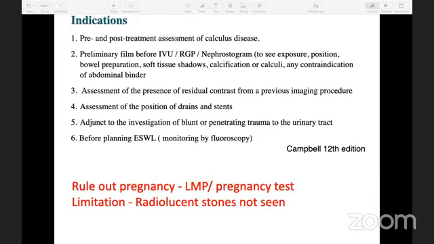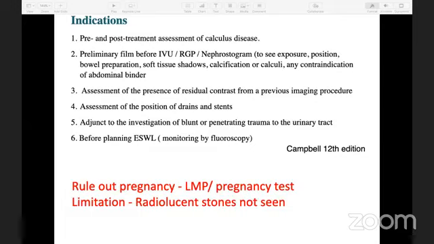X-ray KUB is indicated in calculus disease before and after treatment. It is done as a preliminary film before any contrast film like IVU, RGP or nephrostogram. It is used to see the presence of residual contrast in previous imaging procedure.